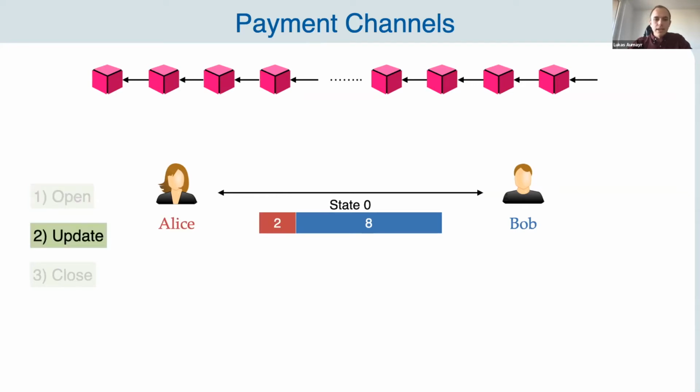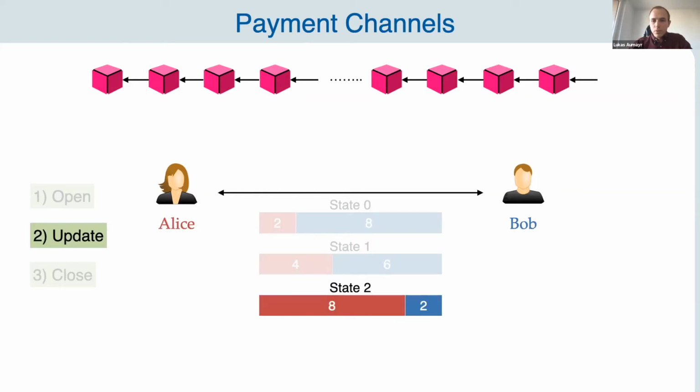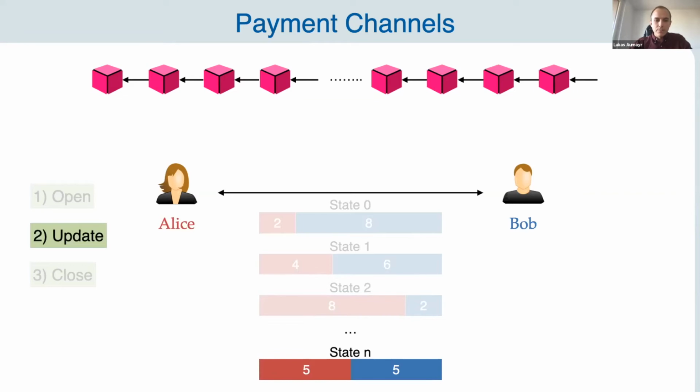Once it's open, they can perform arbitrarily many payments between one another simply by creating a new state off-chain that redistributes the balance according to the payment that they want to conduct. So they can go ahead, create multiple of these states, exchanging the balance back and forth until they are happy and wish to close the channel again.